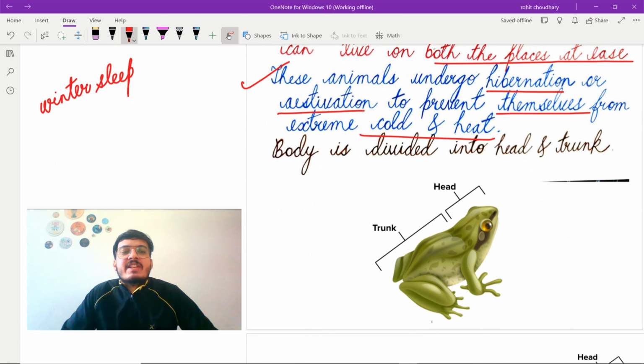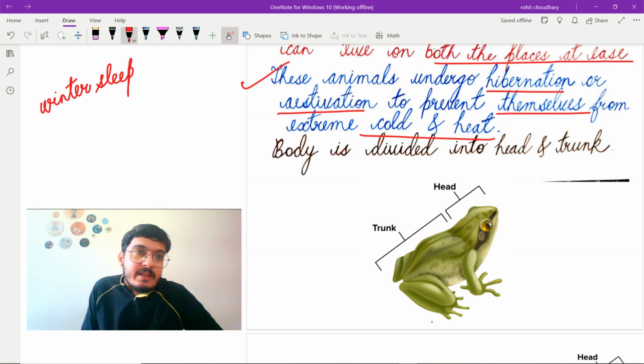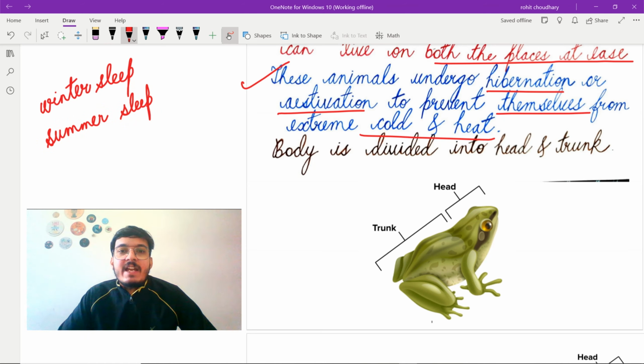It is an inactive state during which the animals living in colder climates go into deep sleep. And estivation is nothing but summer sleep. Estivation is similar to hibernation. The only difference is that estivation occurs in animals living in warmer areas. The animals undergo hibernation or estivation to prevent themselves from extreme cold and heat.